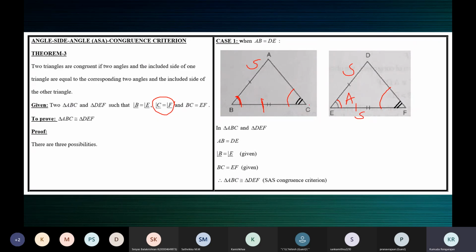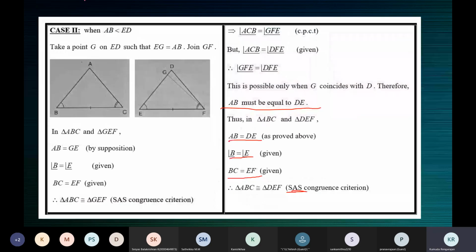So we have one pair of equal angles and one pair of equal sides. For the other pair of sides, we have to take up this and this only, because that will make SAS: two sides and the included angle. So we are concerned about the lengths of AB and DE. Three cases arise. What happens when AB is equal to DE? What happens when AB is less than ED?